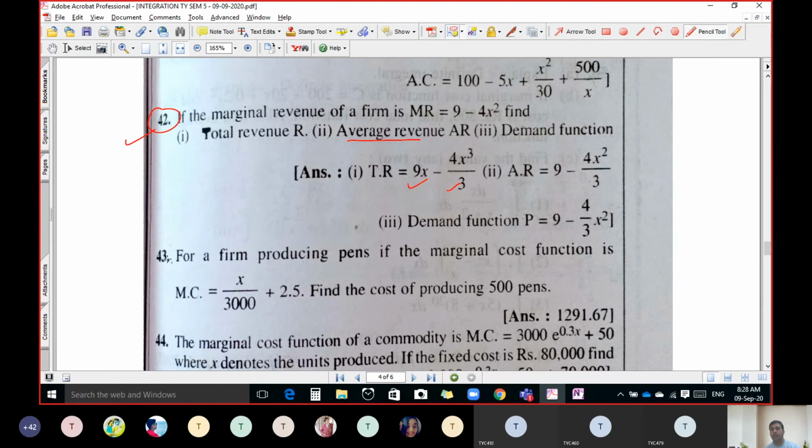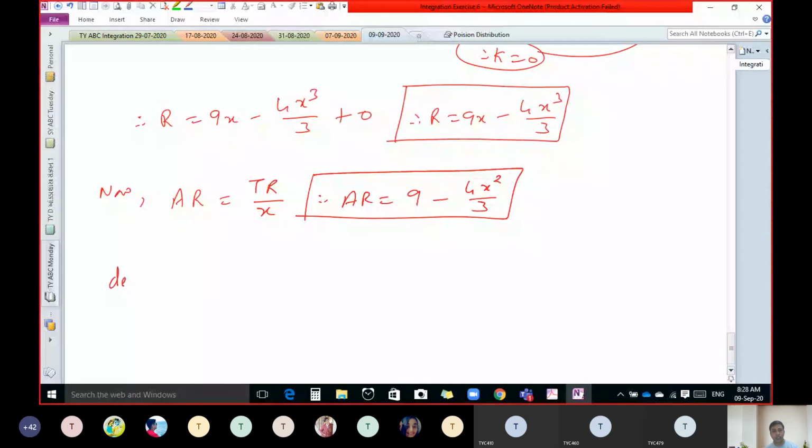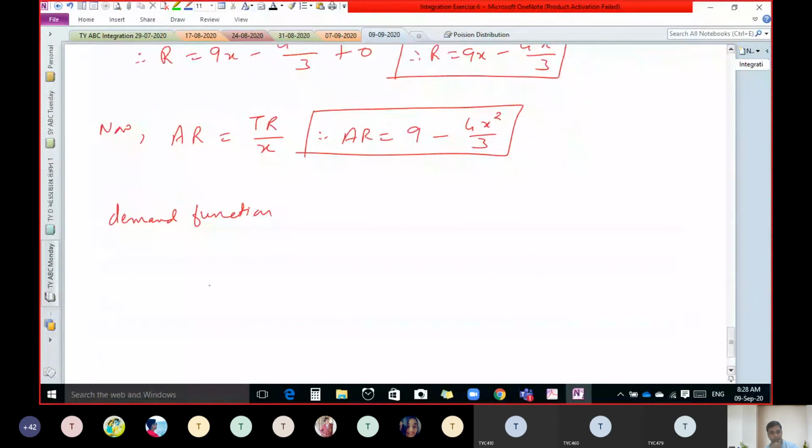And the third one, demand function. Any of you know the formula of demand function? When revenue is given, how to find out the demand function?